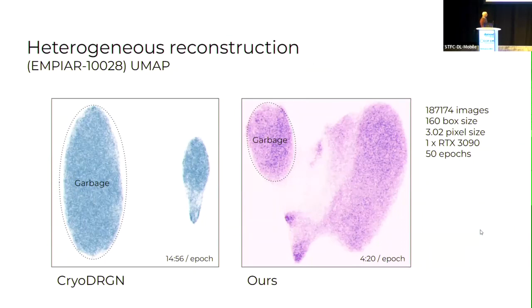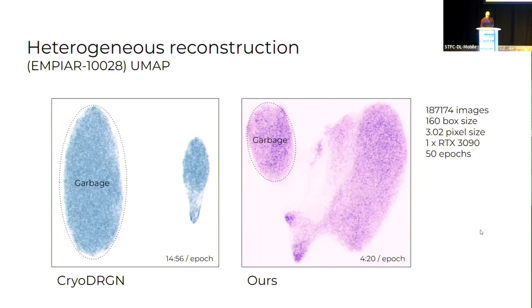Apart from the aesthetics, we also got this about 3.5 times faster. Each epoch was about 4 minutes compared to about 15 minutes with cryoDRGN. So we're starting to hit the I/O limit, which means we can now do other computations instead, like for instance global angular searches.